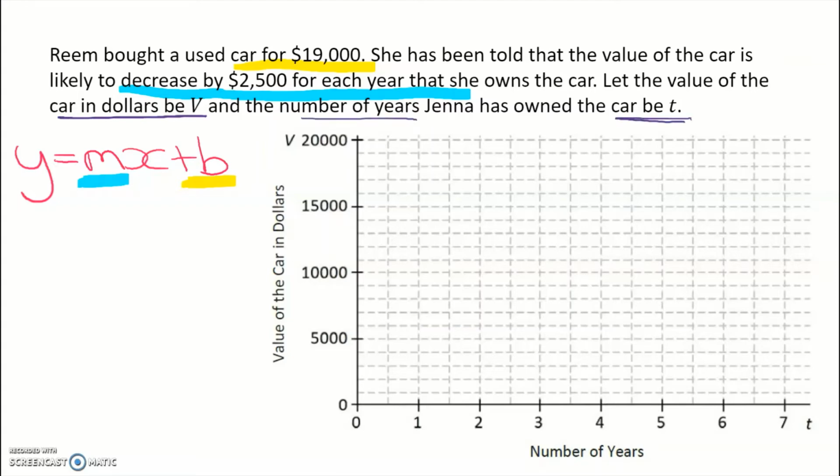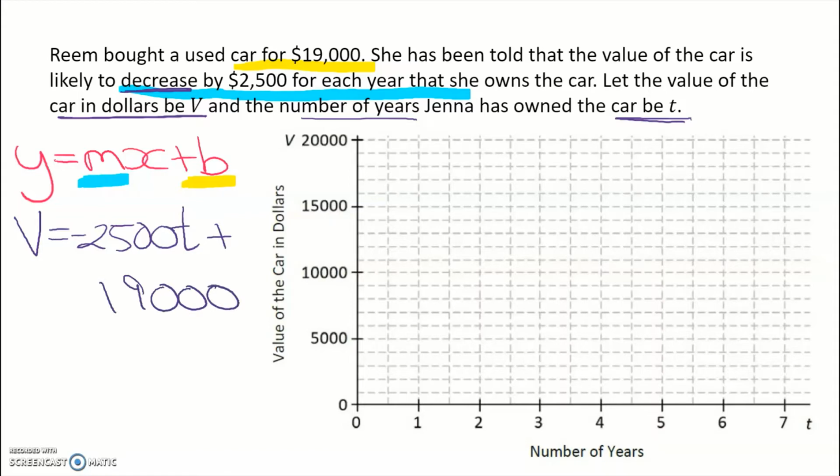So our equation will be v equals negative 2,500 t plus 19,000, because my rate is decreasing, therefore it's going down, so it's negative. So 19,000 is my initial value and negative 2,500 is my slope or my rate of change.